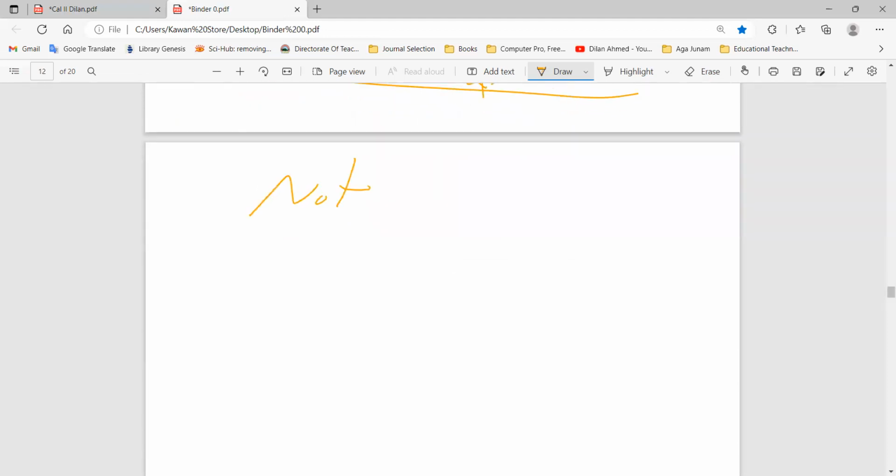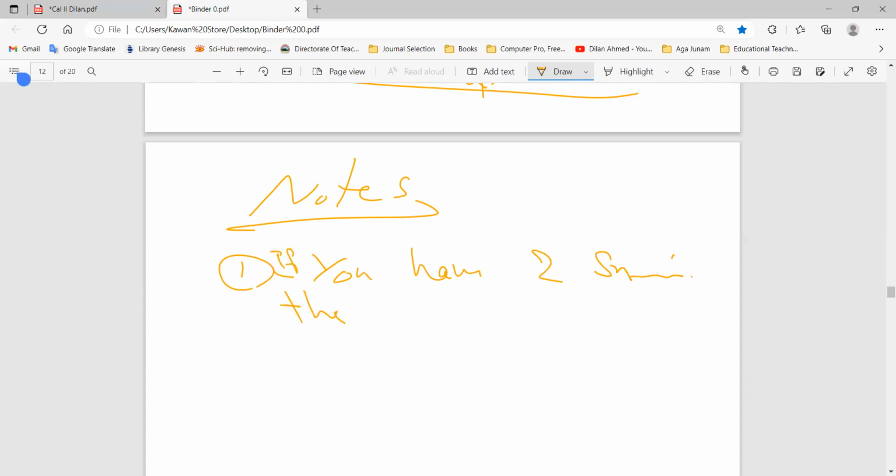Notes about symmetry. We didn't finish yet. If you have two symmetries, then you have the third also.